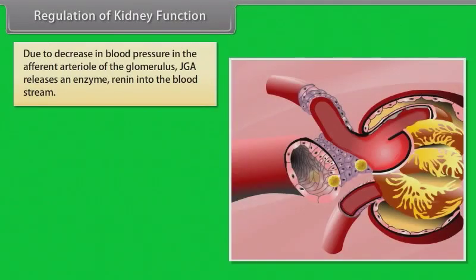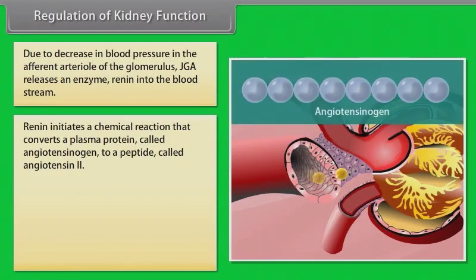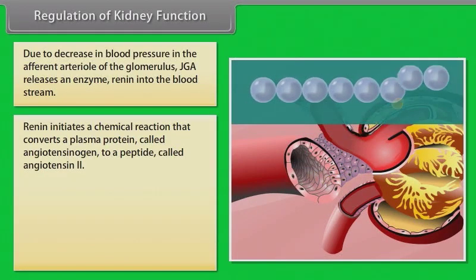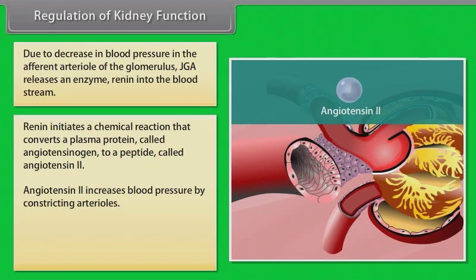Due to the decrease in blood pressure in the afferent arteriole of the glomerulus, the JGA releases an enzyme, renin, into the bloodstream. Renin initiates a chemical reaction that converts a plasma protein called angiotensinogen to a peptide called angiotensin II. Angiotensin II increases blood pressure by constricting arterioles.